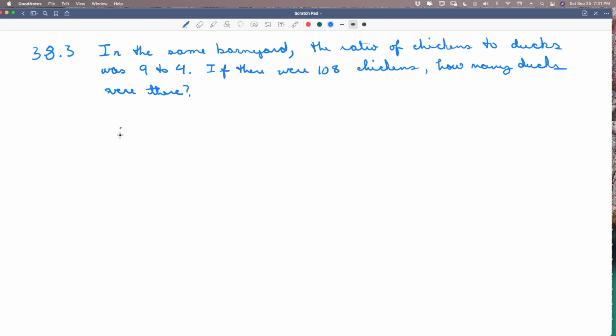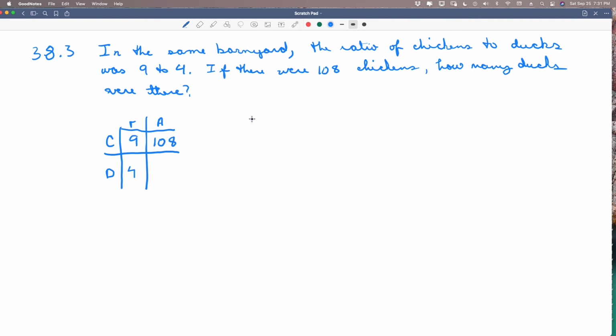So let's set up our grid. We have the ratio and the actual number, and we have chickens and ducks. The ratio of chickens to ducks was 9 to 4, and there were 108 actual chickens, and we don't know how many ducks.